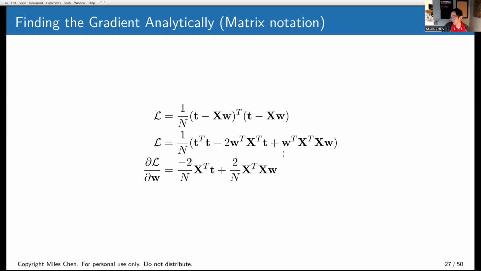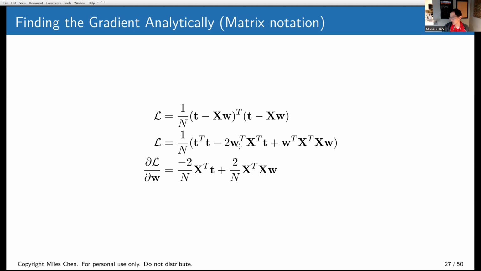Analytically, we can get the gradient, and we saw this on Friday, Monday? I don't remember when we did this. But we did this earlier, right? We asked, what is the gradient of the loss function with respect to W? We expanded this out. We got T transpose T, and then we said those things are transposes of each other, and they're scalars, so we can combine them.